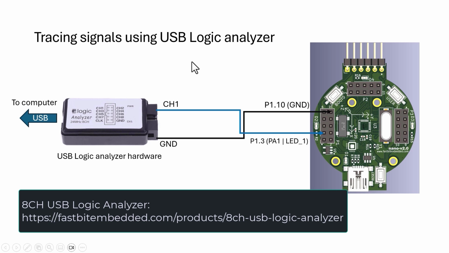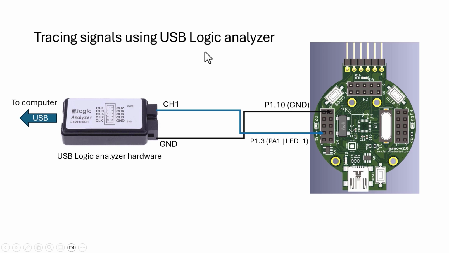This device will help trace and decode the packets of serial communication interfaces such as SPI, I2C, or CAN. In this example, we will use this USB logic analyzer hardware to trace the activities of the onboard LEDs which are connected to the GPIO pins of the microcontroller.